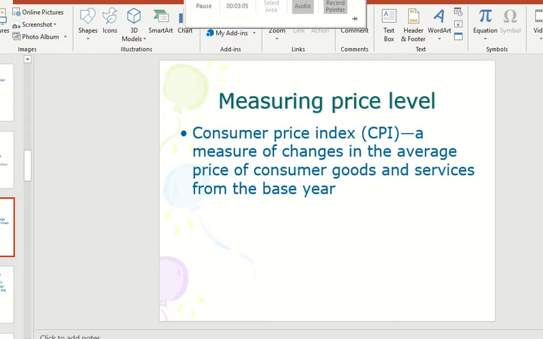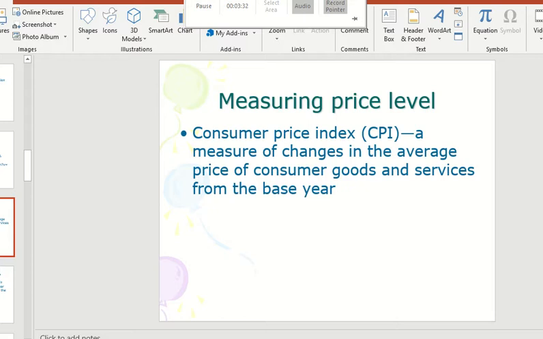The last thing is that they select a base year. A base year serves as a benchmark, so all other periods will be compared to the base year. One of the criteria for choosing a base year is to find a year that is most representative of the recent years.